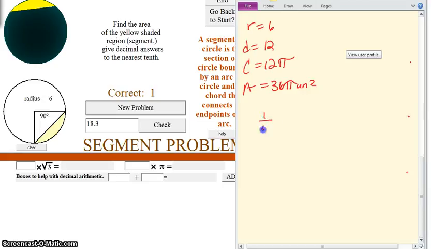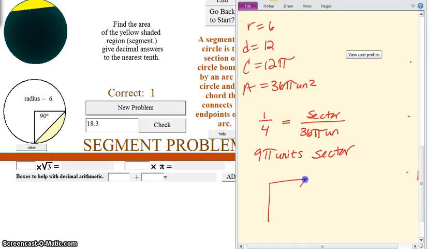I have 1/4. 90 over 360 is 1/4. The sector, that's compared to a circle that has area 36 pi units. I'm going to get 9 pi units when I do my cross products or bust the fractions. So 9 pi units is the area of the sector.